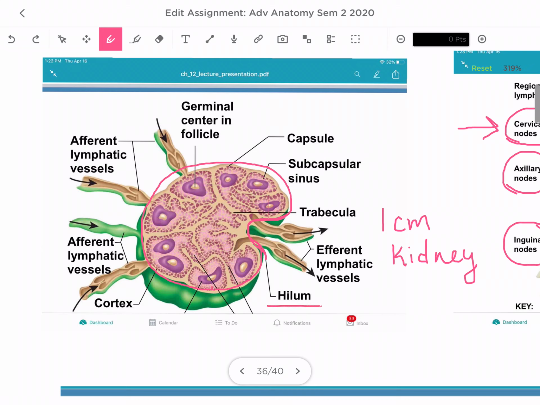What happens in a lymph node is the lymphatic fluid has all the stuff that was collected from the interstitial space between the cells. It has water in it, and it can also have bad stuff in it, like bacteria.